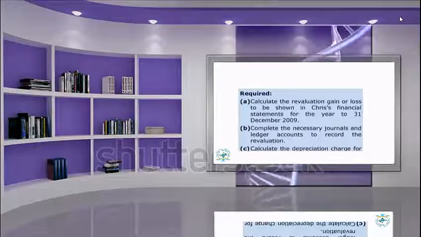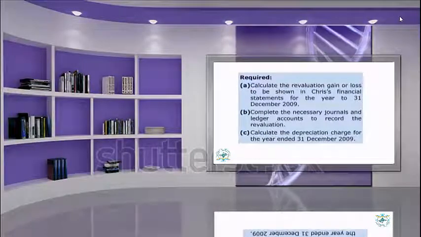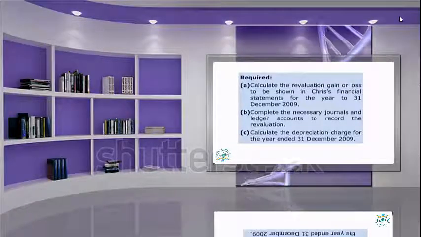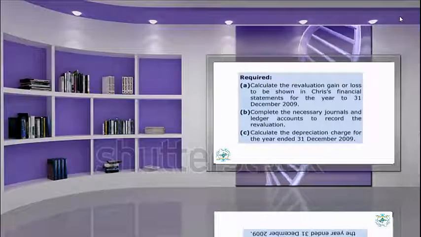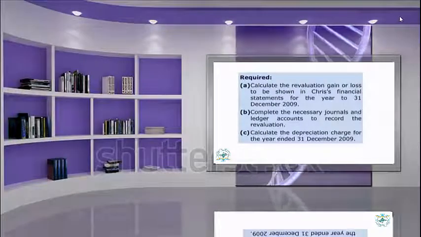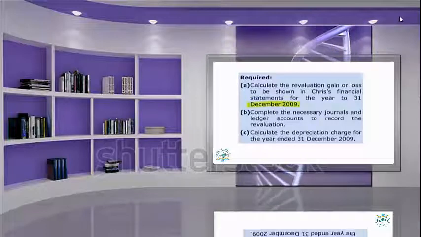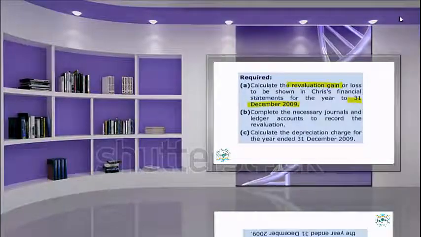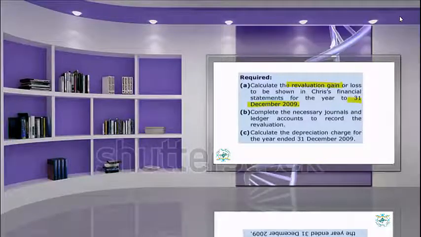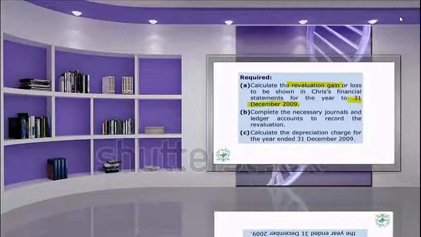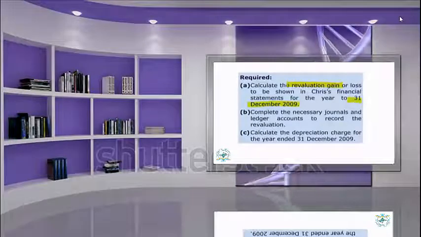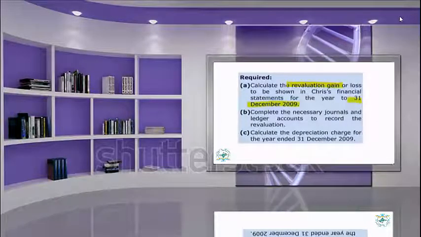So let's have a look at this requirement then. Part A, it says, calculate the revaluation gain or loss to be shown in Chris's financial statements for the year to the 31st of December 2009. So the first thing we need to do is find the revaluation gain. It clearly is. You can see that from the figures. Part B, complete the necessary journals and ledger accounts to record the valuation.